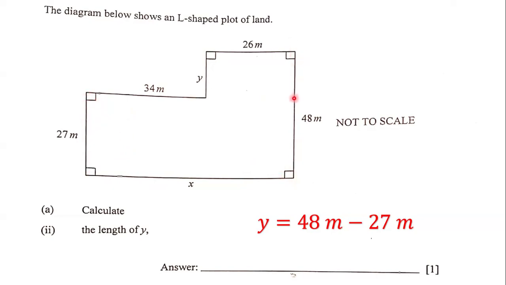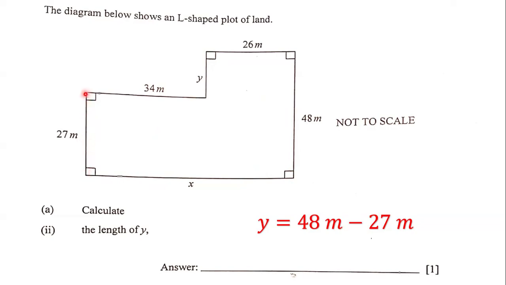That should give us this little portion right here, which is the length of y. Because y is just from here to here, right? That's all we need to figure out. We already know that this whole thing is 48, and we already know that from here to here is 27.